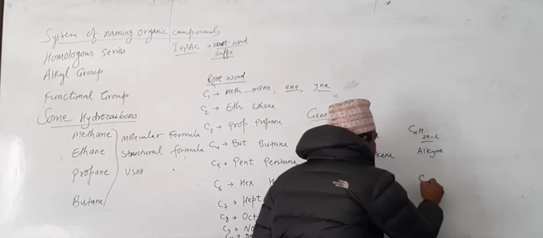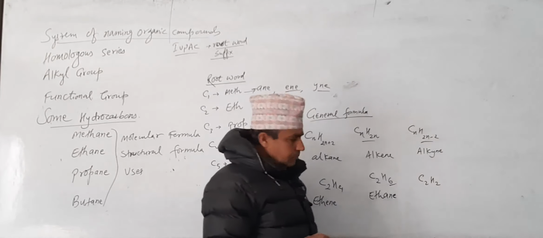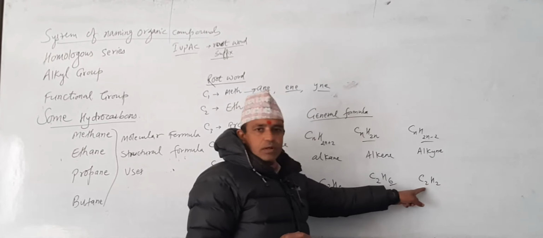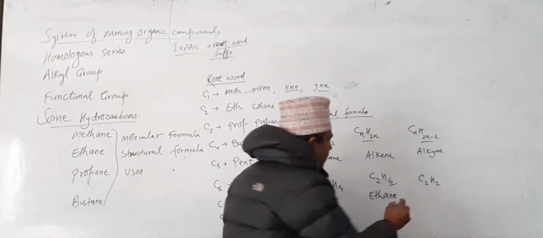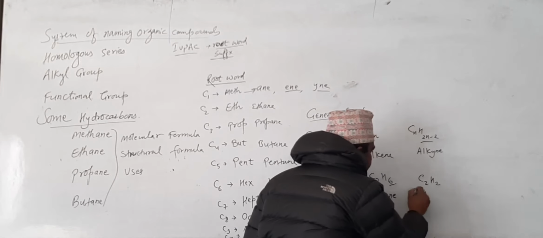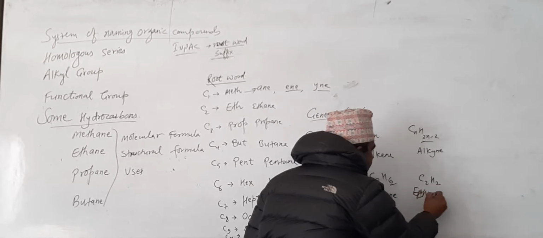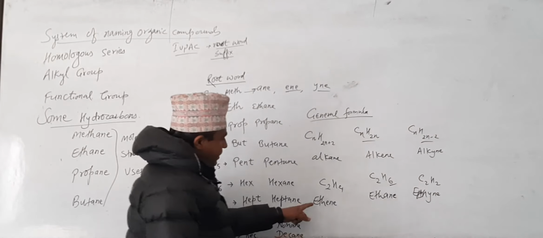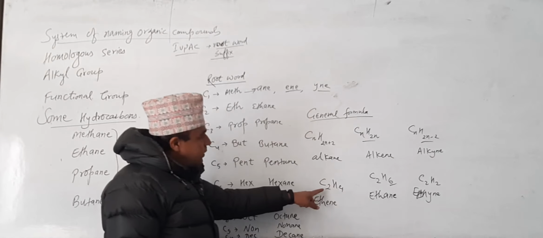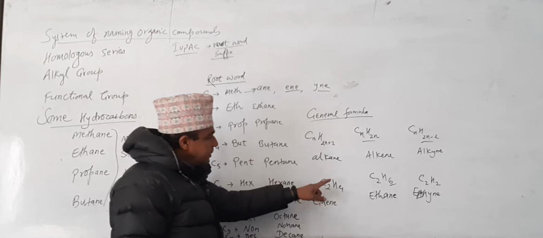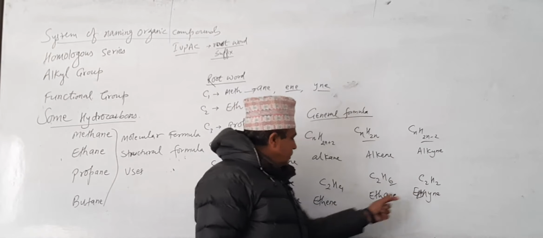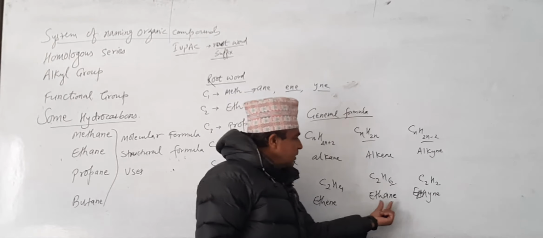Now C2H2, the number of hydrogens is 2 less than double the number of carbon. So eth and yne, ethyne. All 3 compounds contain 2 carbons, but the number of hydrogens is different. Here 4, here 6, here 2. So it is ethene, ethane, ethyne.